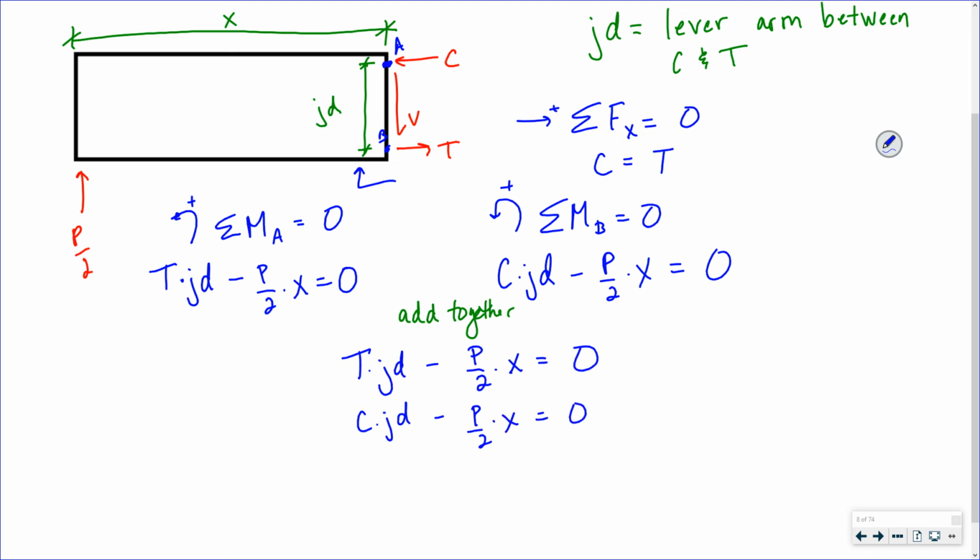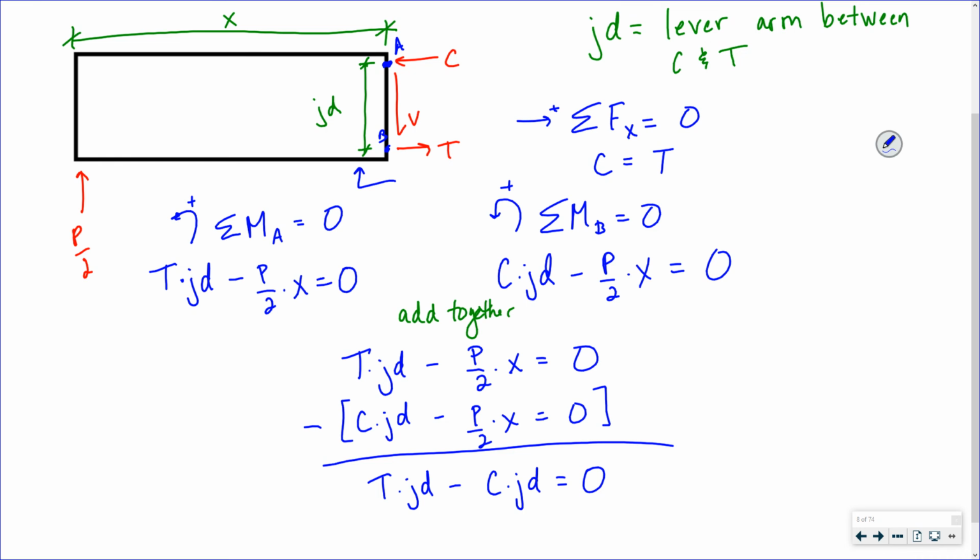Actually, I'm going to subtract one of them, right? If I subtract it, I get T times JD minus C times JD equals 0.